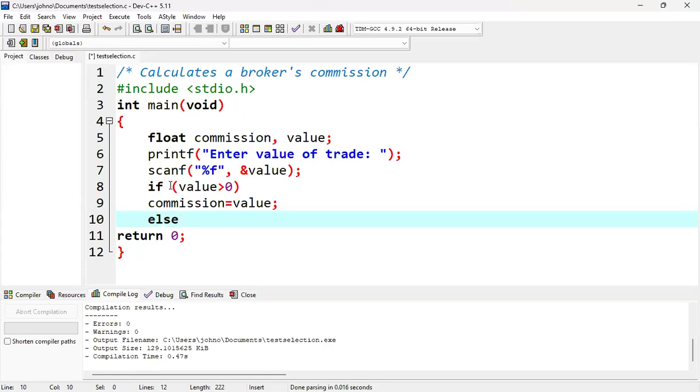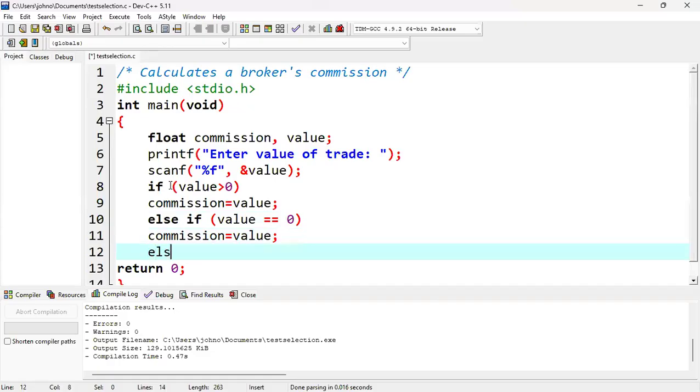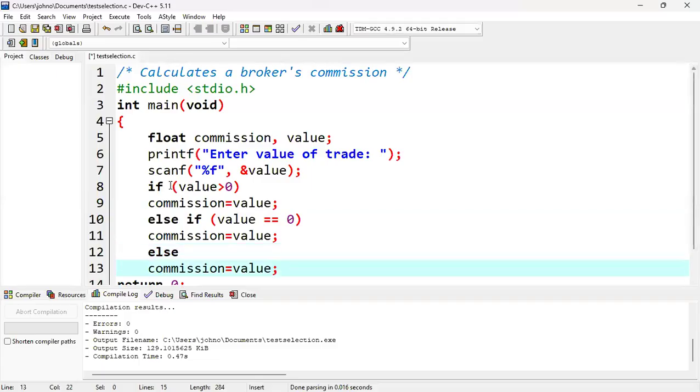Else if value is equal to 0, then commission is equal to value, and then we can say else commission is equal to value.